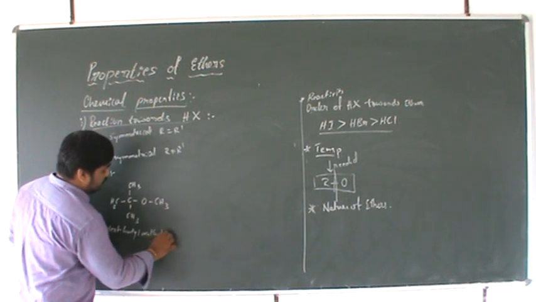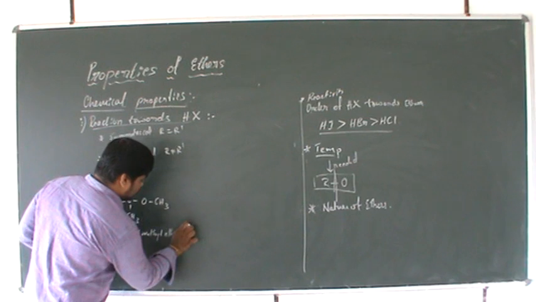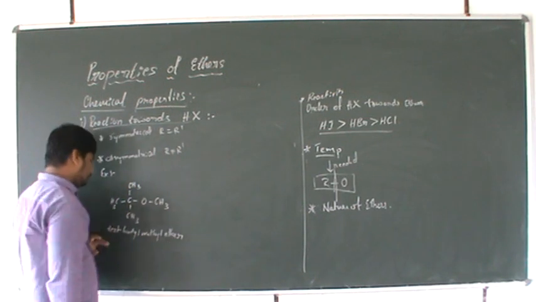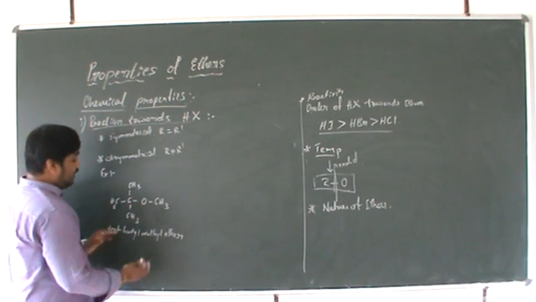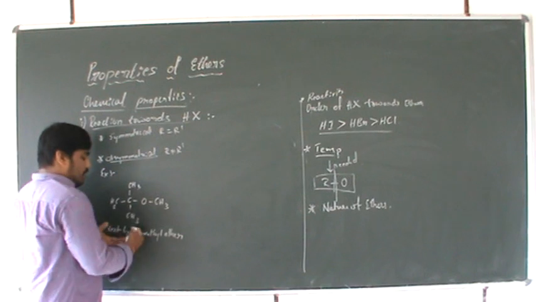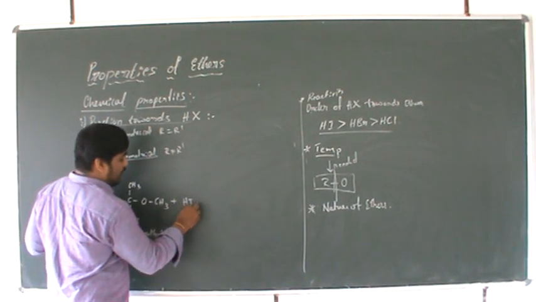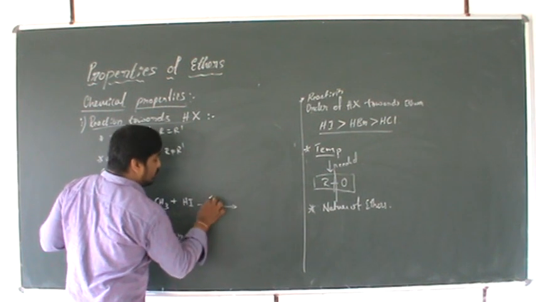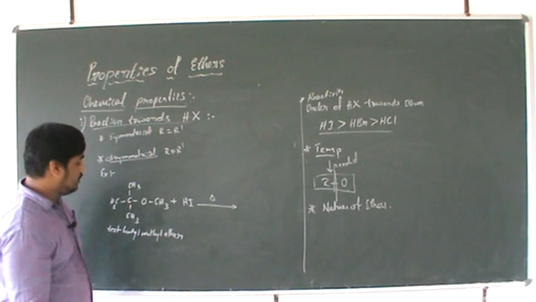The common name of this compound is tertiary butyl methyl ether. When an asymmetrical ether reacts with hydrogen halide, more heat is required, and we supply the heat also.